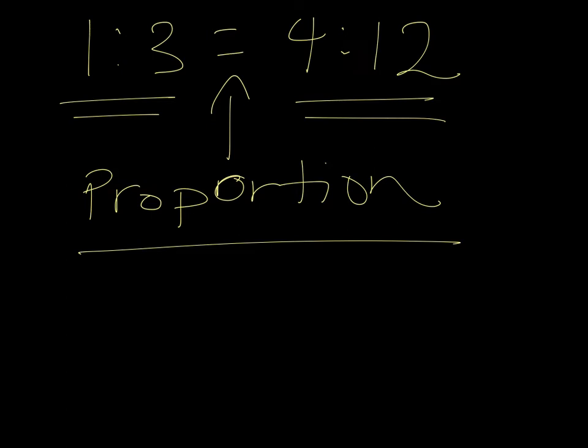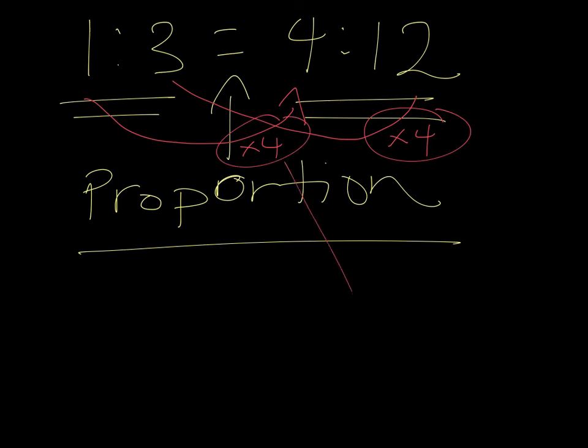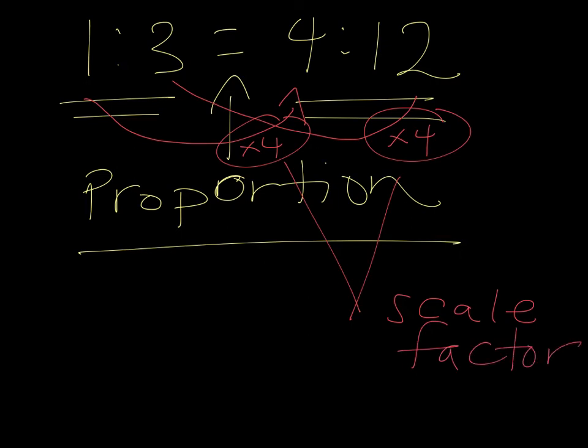And basically all I did is I took 1, and you have to say, okay, what did I multiply 1 by to get 4? I multiplied it by 4. What did I multiply 3 by to get 12? I multiplied by 4. This is your scale factor, and the scale factor is always the same number. It's not like one is multiplied by 4 and the other multiplied by 3. So that's the scale factor.